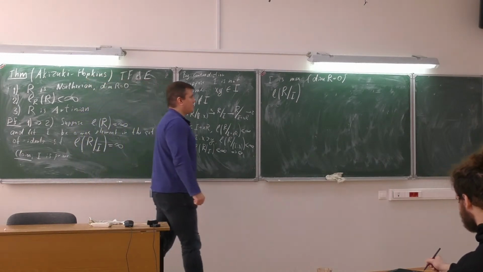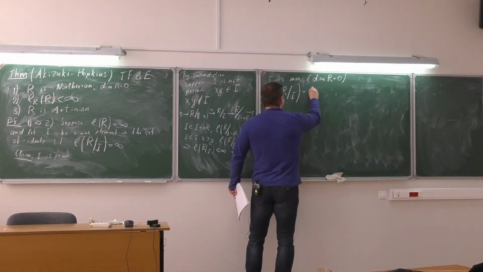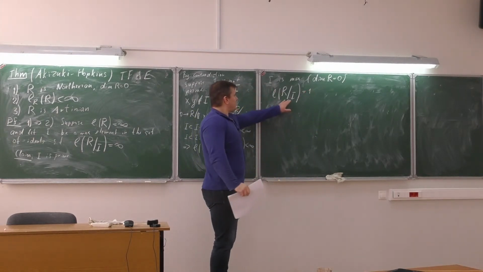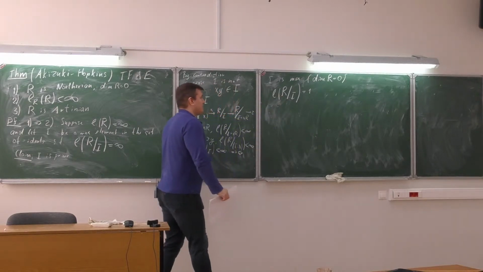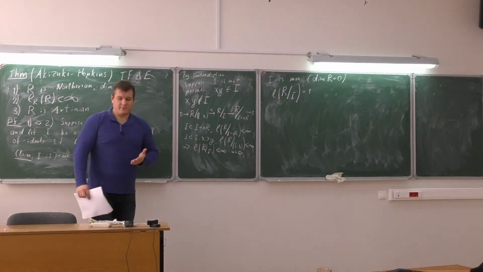No, this is not 0. This is 1. Because, well, this is a maximal submodule, so this quotient is a simple module. And the length of a simple module is 1. Right? Look at the definition of the composition series.